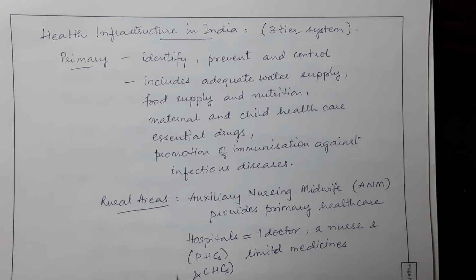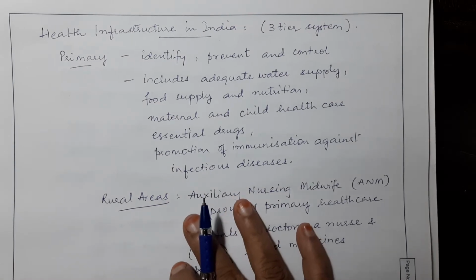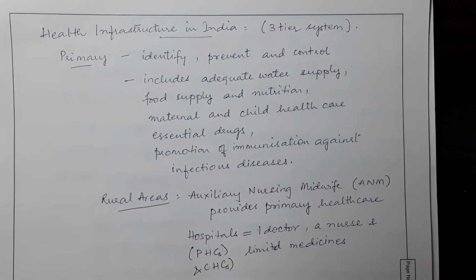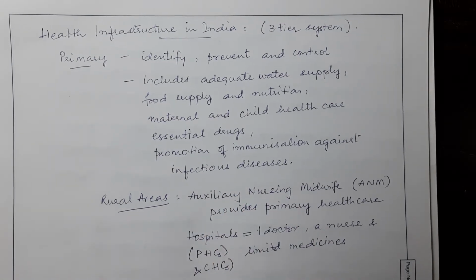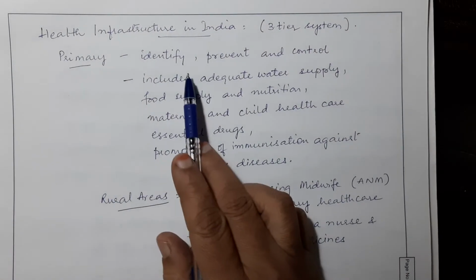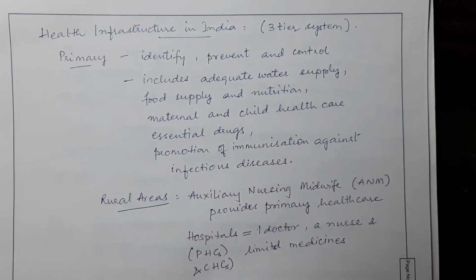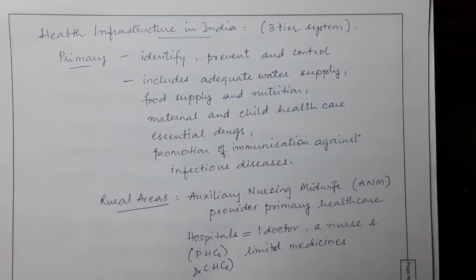Now let's understand health infrastructure in India. The health infrastructure in India is divided into certain categories. The primary health, which is to identify, prevent, and control the diseases. Or let us say, control the prevailing health problems.